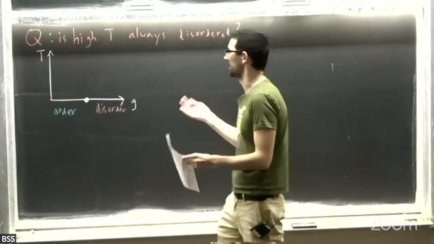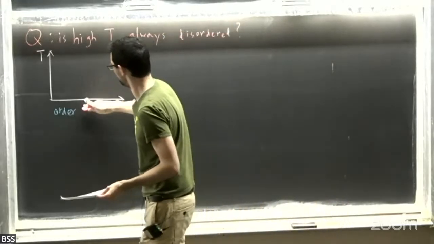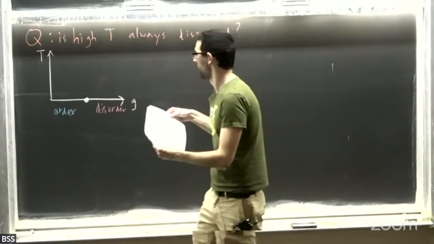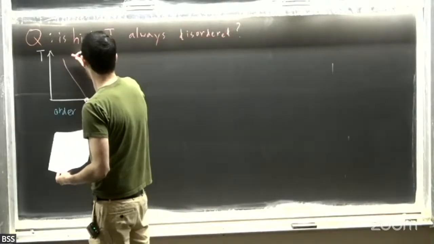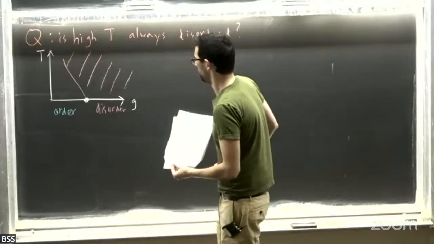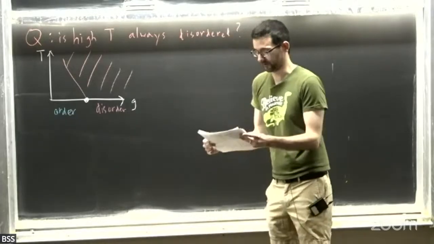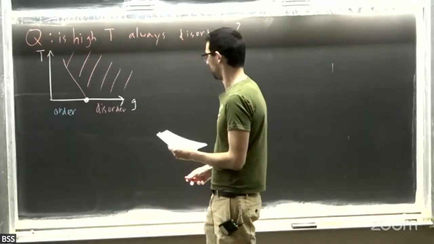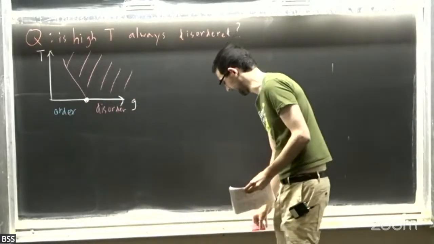In the case of the 1D Ising model, the order immediately goes away, but more generally, we might hope for a picture that looks something like this, where we still have some phase transition at finite temperature, even if we're not exactly at this critical point.